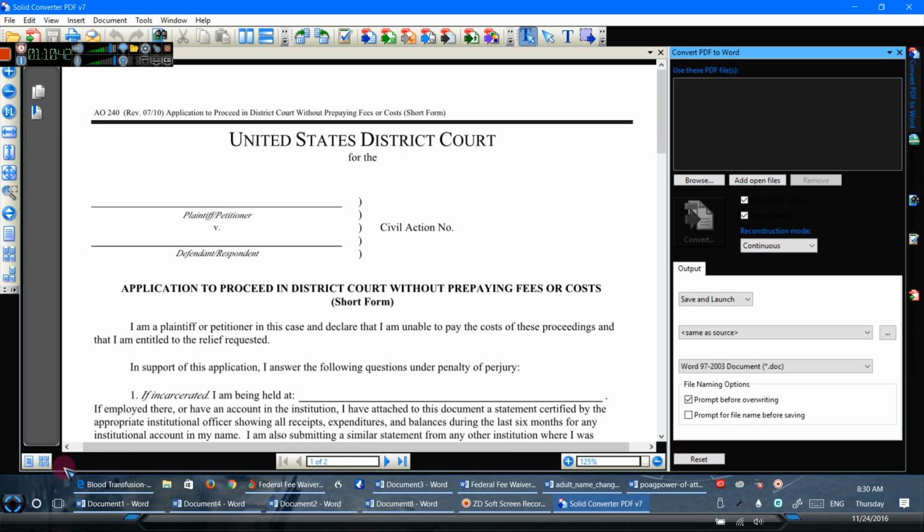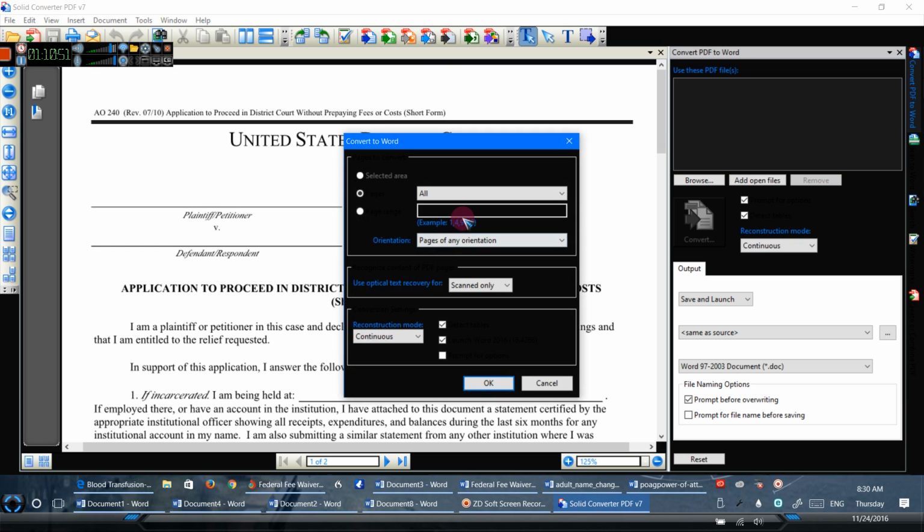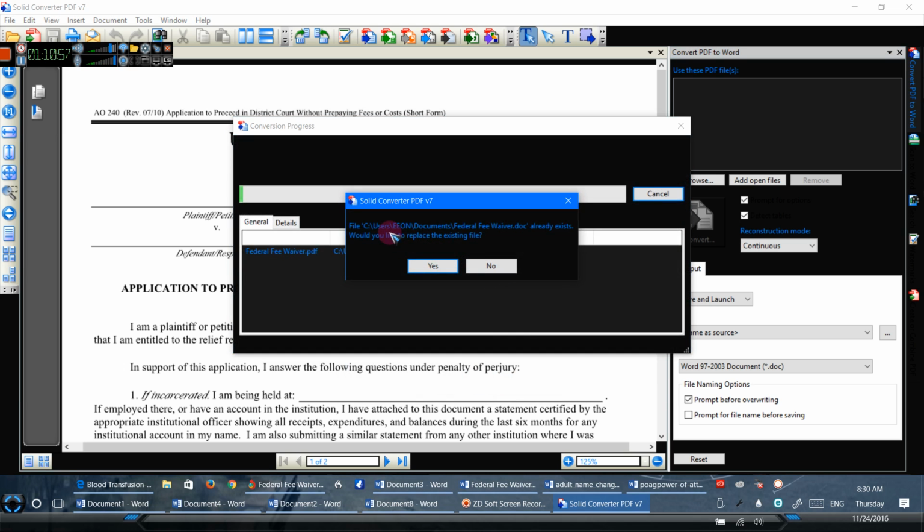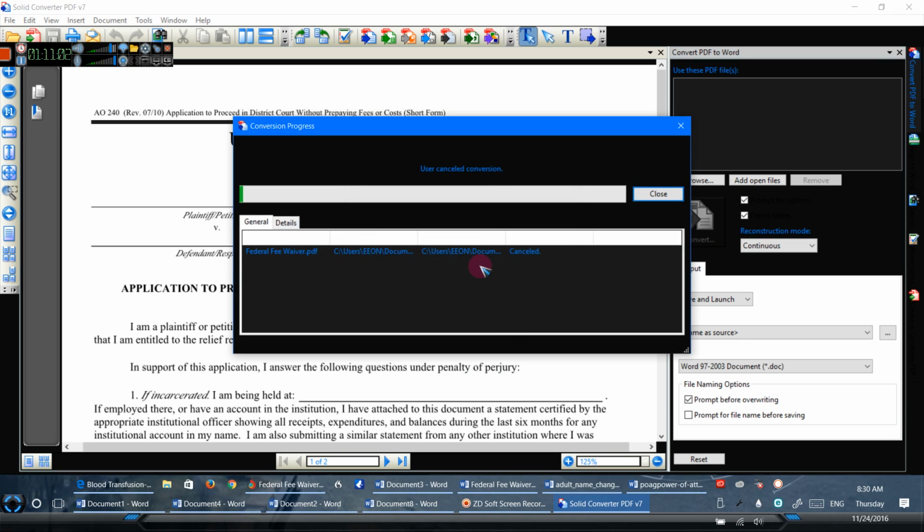Where is my... I did it yesterday. Oh, this is my converter. So, convert to Word. And I click OK. And it says, well, I like to replace it. No. So it's canceled. It's documents fee waiver doc.